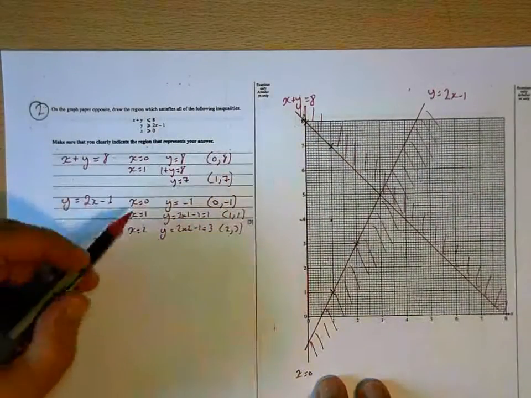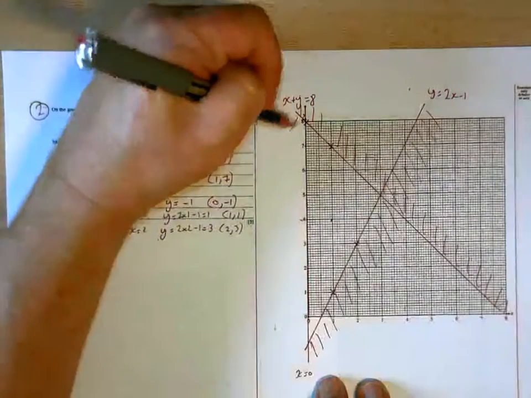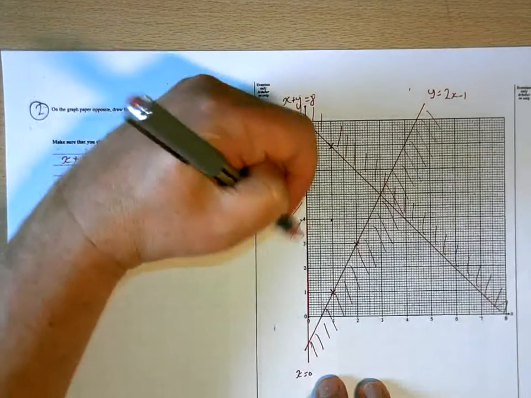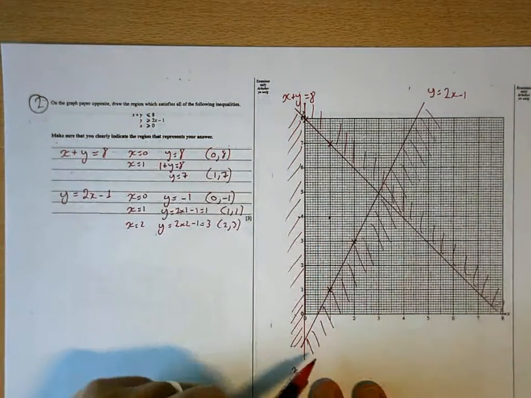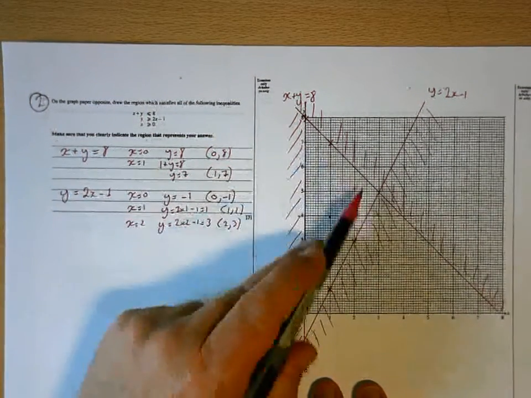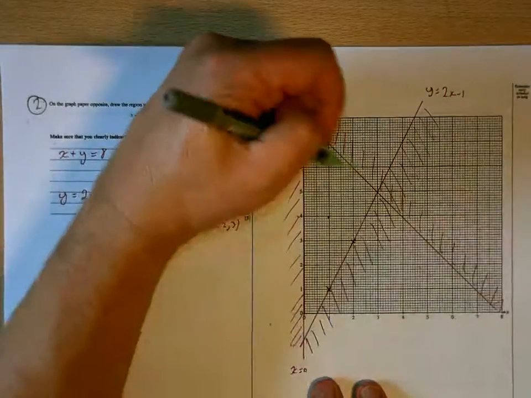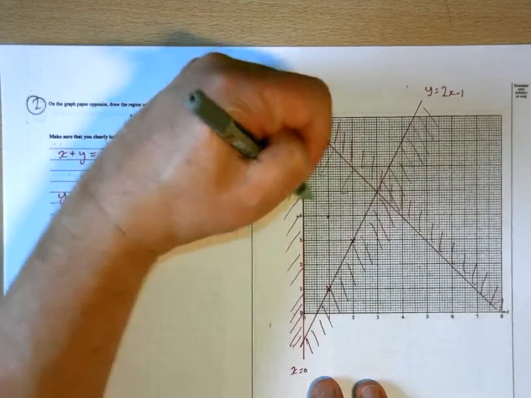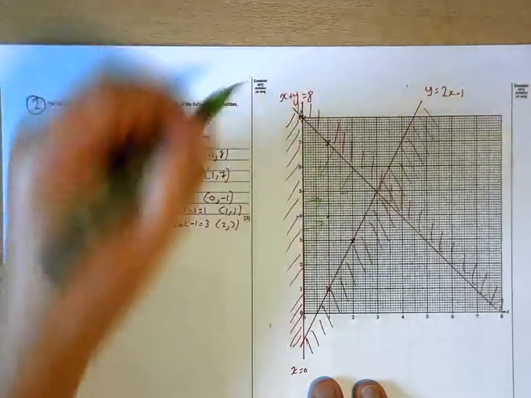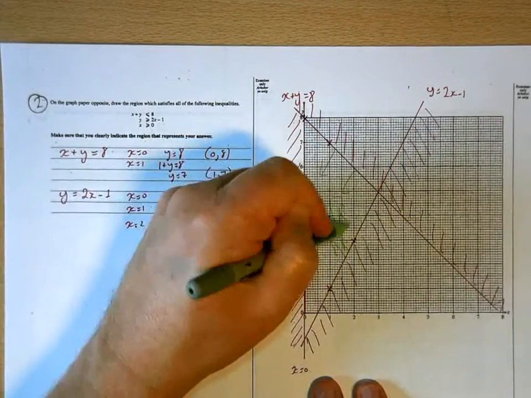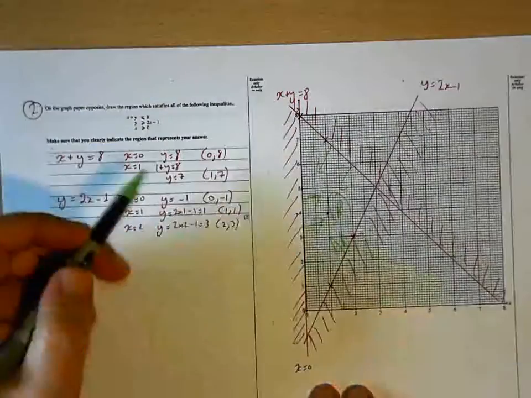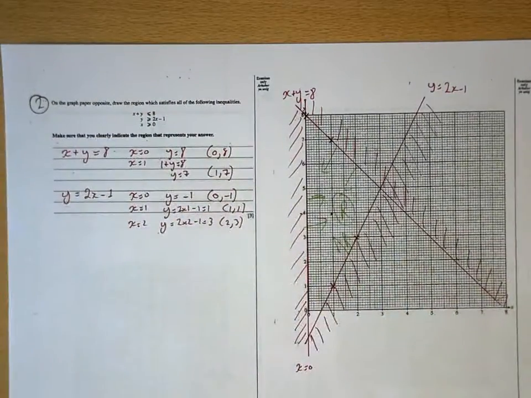And I know that x must be bigger than 0, which is this side. So the region I'm interested in is the region without any hatching, which is inside that shape there. So it's this bit, it's this bit, and it's this bit. Okay, so you could shade that in with pencil if you wished. Just make sure that it's clear.